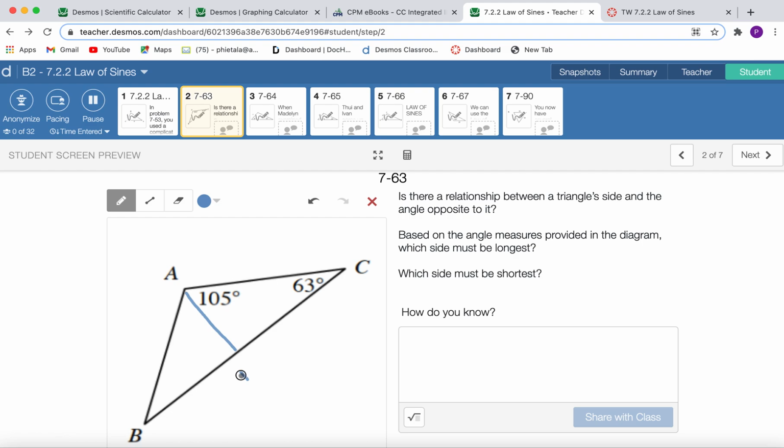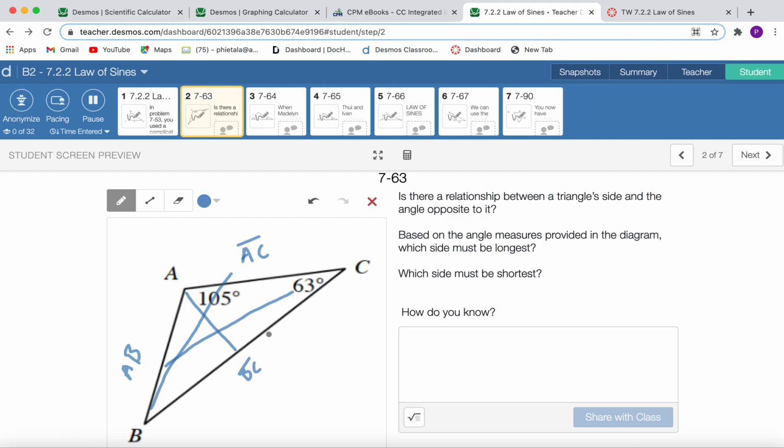The side across from it's labeled BC. Okay, is there a relationship from angle C to side AB? And is there a relationship between angle B and the side opposite of it, AC?